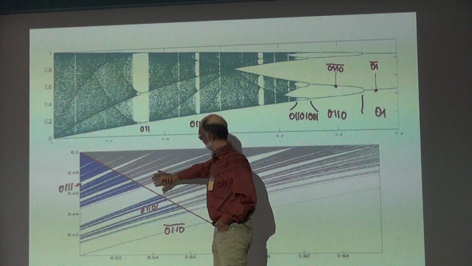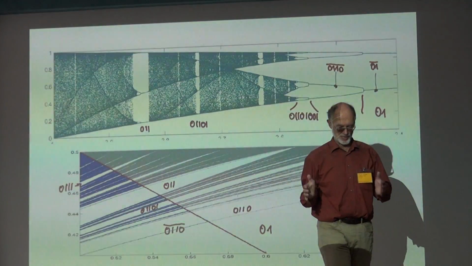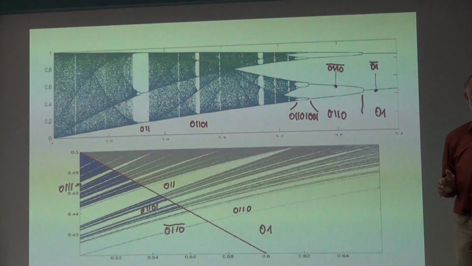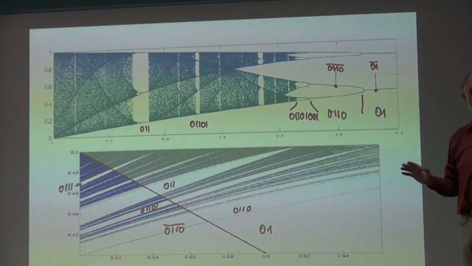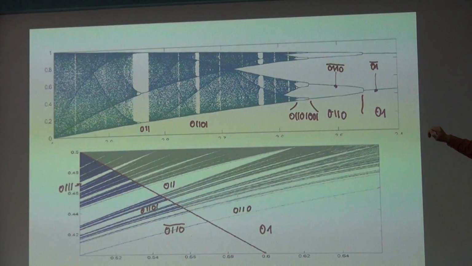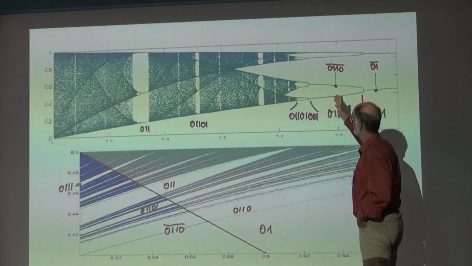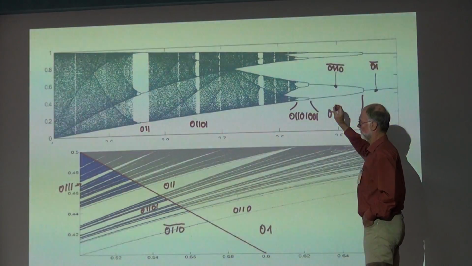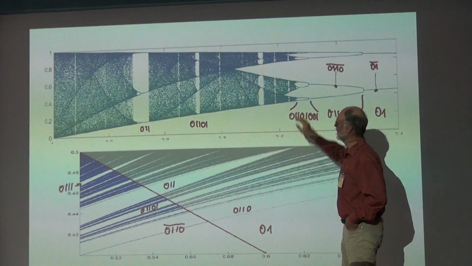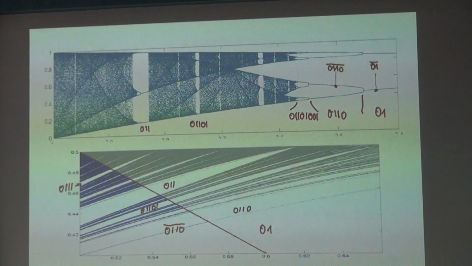The gaps in between can be described by 0, 1 words, and it's exactly the same words. There's a paper by Sidorov and others on the Tchaikovsky order, but you can also say the whole order of words is the same in these two diagrams. The reason for it is very simple.